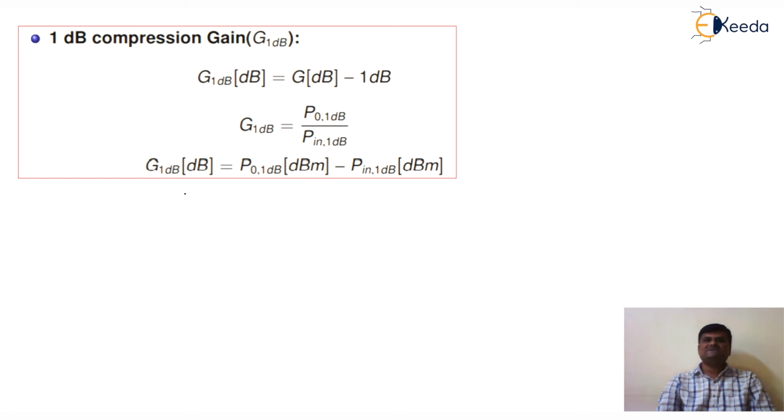It can be represented in terms of dBm as G1 dB equal to P0 1 dB in dBm minus P in 1 dB in dBm. This formula is used to calculate the 1 dB compression gain.